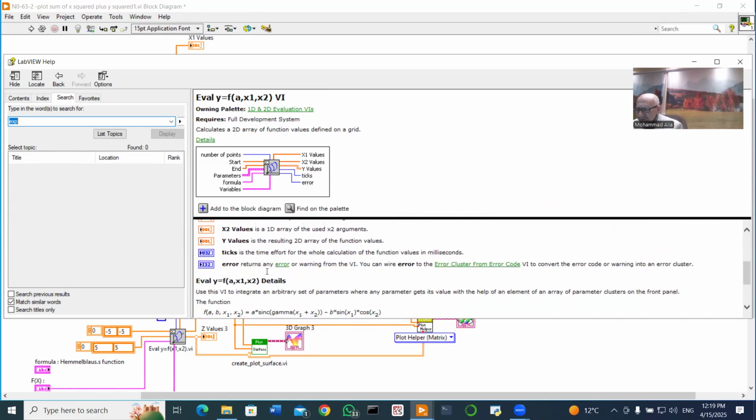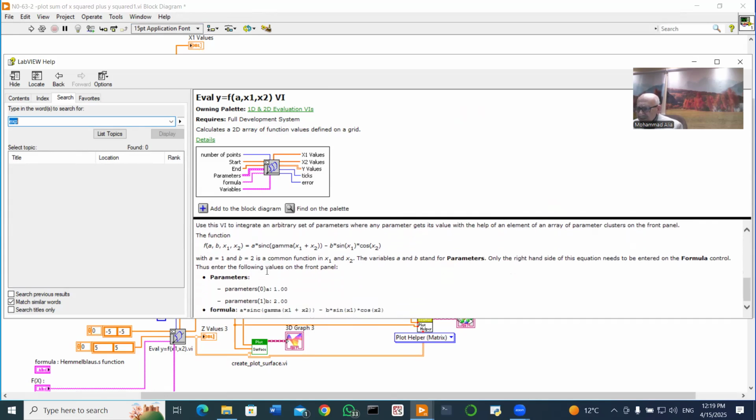I don't know if there is an example, maybe no, there is no example, but there is some illustration for that, showing you that if we have a function of x1 and x2, and there are constants multiplied or used with x1 and x2, they are called A and B. For example, A here is equal to 1, and B equal to 2.